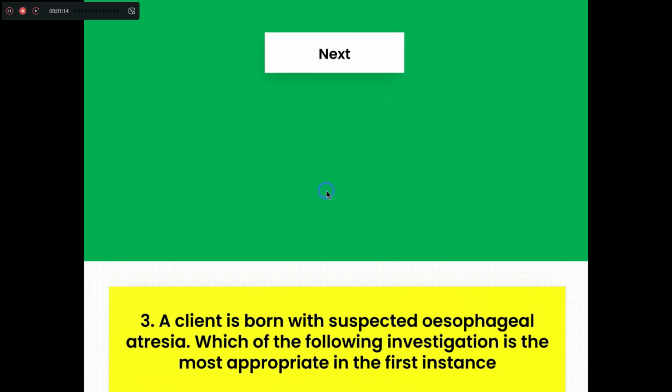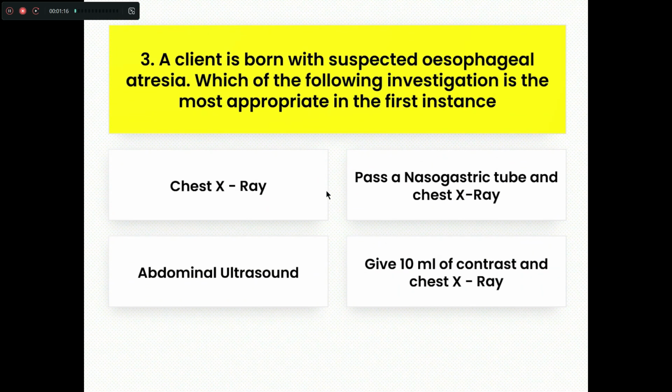Question number 3. A client is born with suspected esophageal atresia. Which of the following investigations is the most appropriate in the first instance? Option A, chest X-ray. Option B, nasogastric tube and chest X-ray. Option C, abdominal ultrasound.